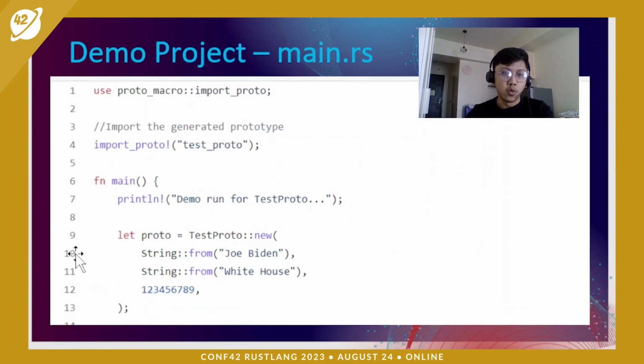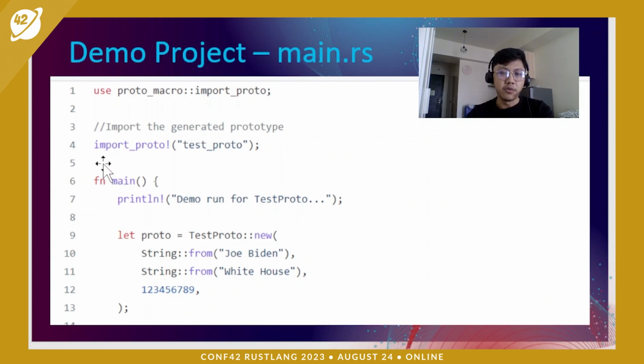To use our prototype TestProto object, it is as presented. In main.rs, we created the main module. We have first the use proto macro import proto. You will use this so that we can import our proto object.